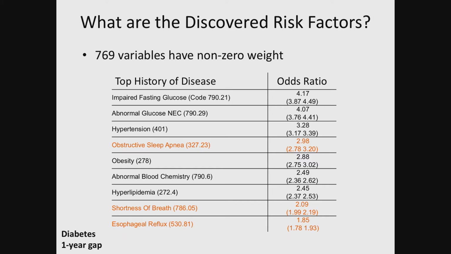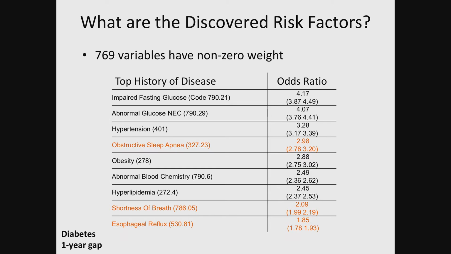But there are also many things that are a little bit less obvious. For example, here we see obstructive sleep apnea and esophageal reflux as being chosen by the model to be predictive of the patient developing type 2 diabetes. What we would conjecture is that those variables act as surrogates for the patient being obese, because obesity is very seldom coded in commercial health insurance claims.